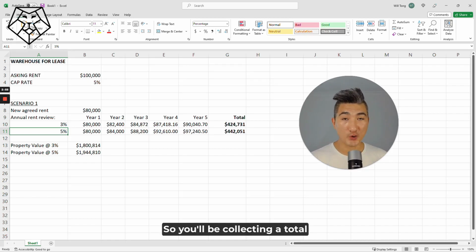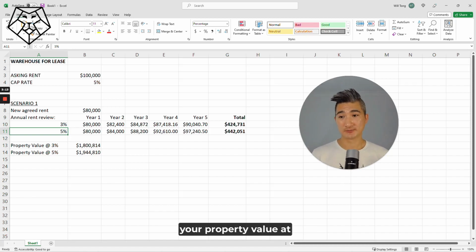So you'll be collecting a total rent over a 5-year period of $442,000. So you're collecting around $18,000 more in rent, simply if you had a 5% annual review rather than a 3% annual review.